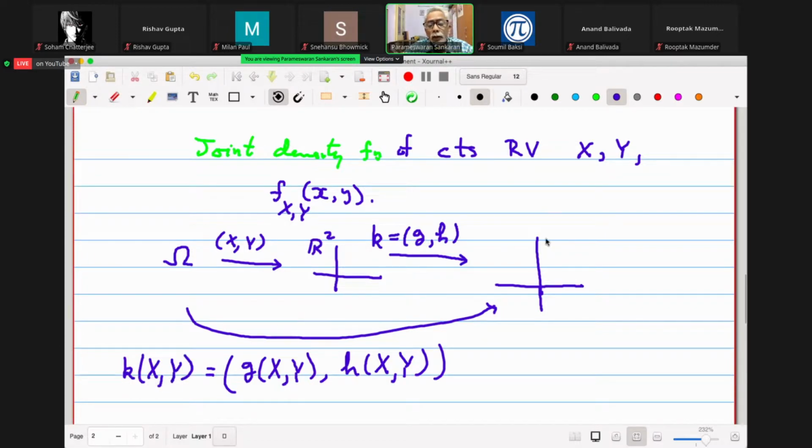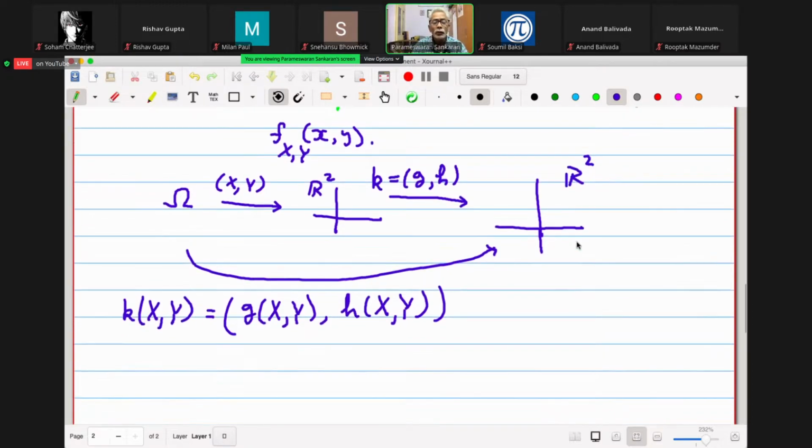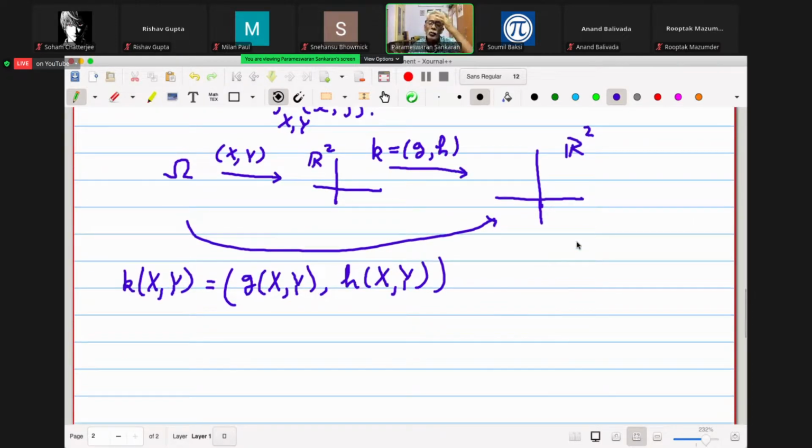K takes values in R2 again. This is the type of situation. Now you can wonder what happens. So long as K is a Borel measurable function, that's the right language, but I don't want to make it technical.